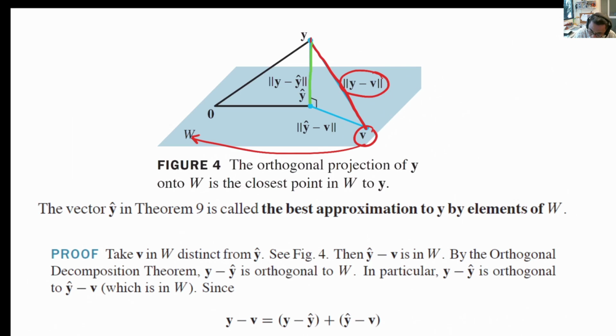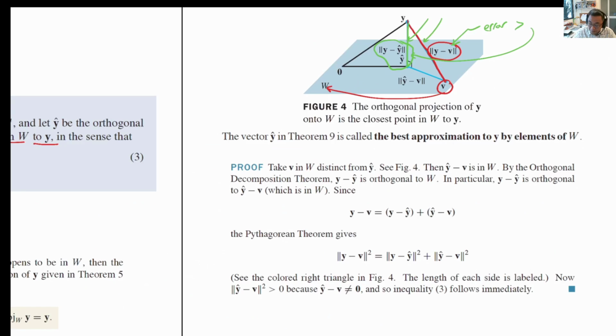Compare this to y minus y hat. You will notice that this is the shorter side and this is the hypotenuse, and therefore the length of this error will always be greater than here. This theorem uses the Pythagorean theorem to say that the square of the longer side is the sum of the squares of the two shorter sides.